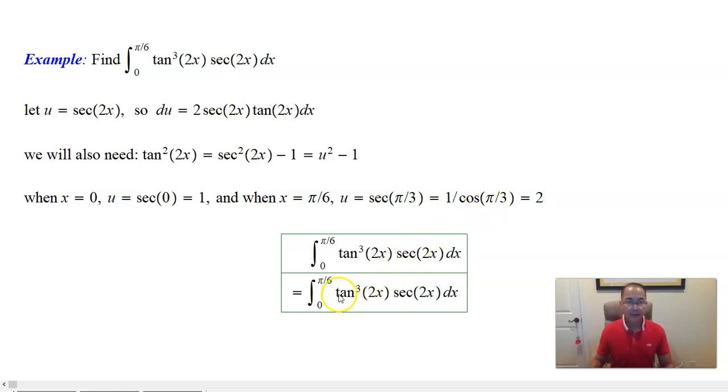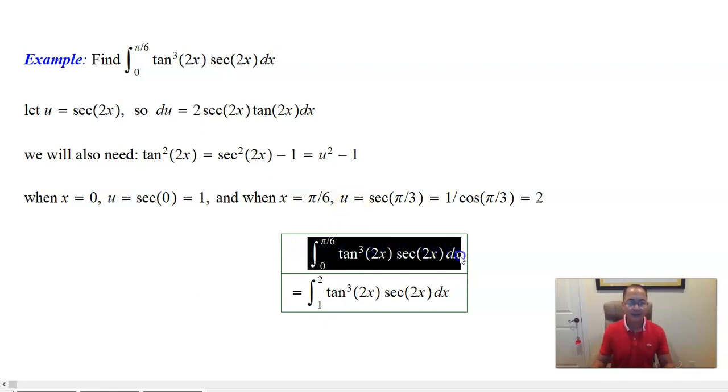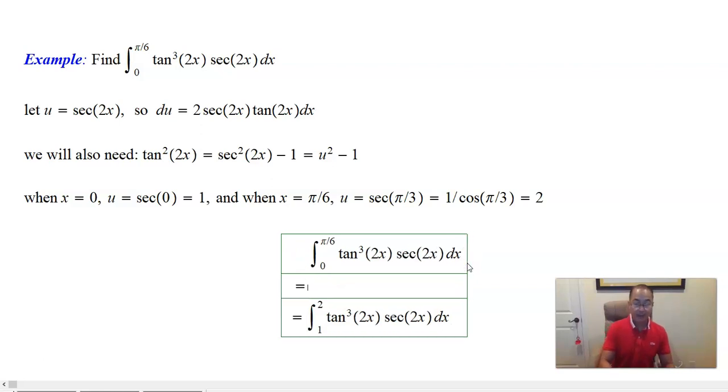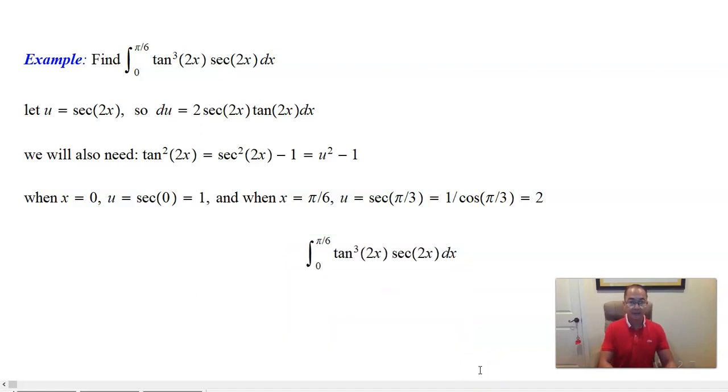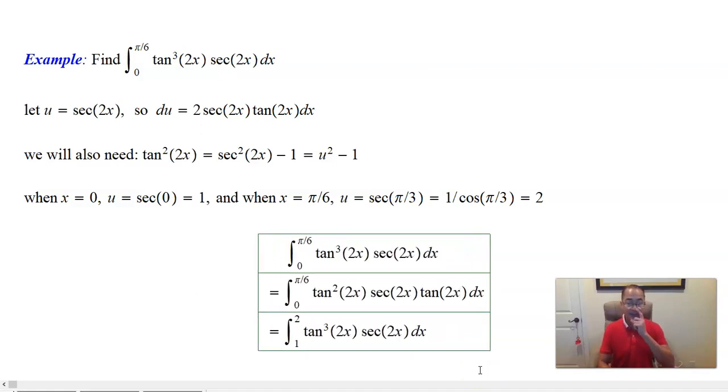All right, so we ready? 0 becomes 1, not 0. Pi over 6 becomes 2. And, oh, you know what? Let's do this. First let's borrow the tangent. So we said that we are left with tangent squared, and we have tangent 2x by itself.